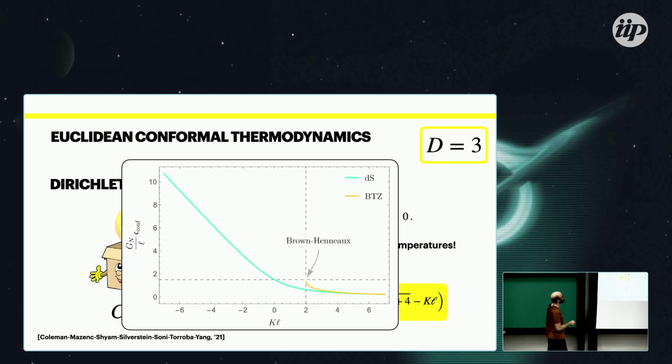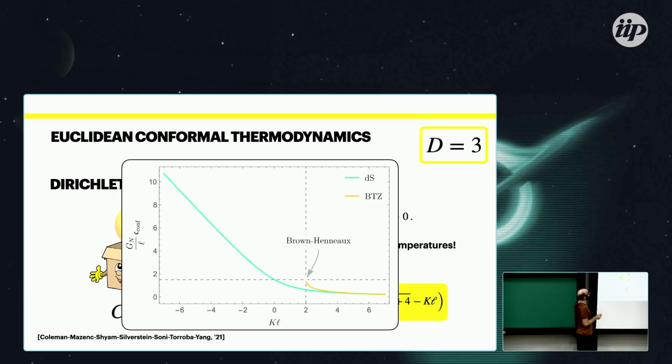So this green one is the de Sitter result. K goes from minus infinity when the boundary is very close to the worldline, the observer's worldline, to plus infinity when the boundary is very close to the stretched horizon. And we see that this function is a monotonically decreasing function from the worldline to the horizon.